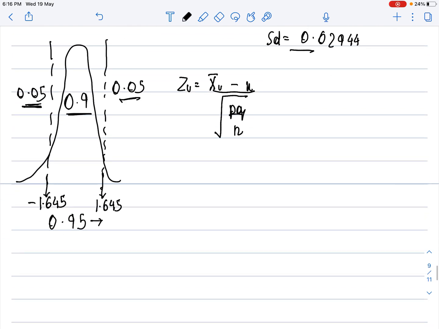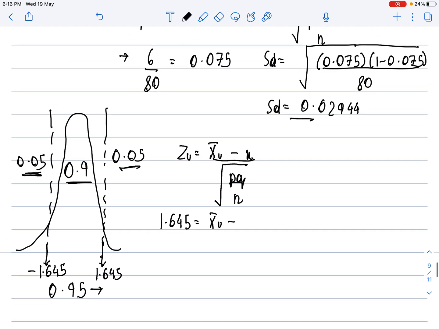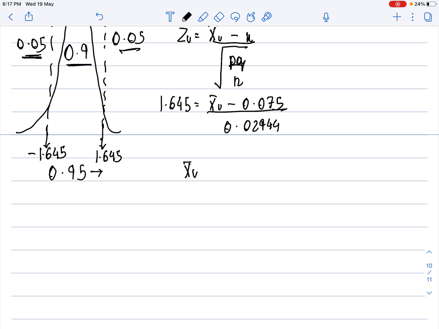So my z upper value is 1.645, which is equal to x upper minus the mean, 0.075, over 0.02944. Now I can calculate the x upper value. I do 1.645 into 0.02944, plus 0.075, where I get 0.123 as my upper value.